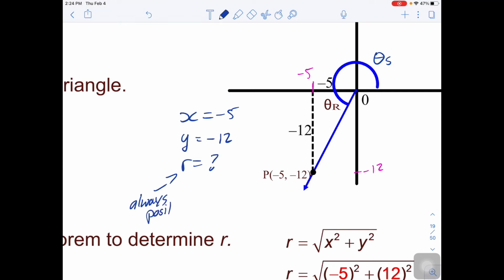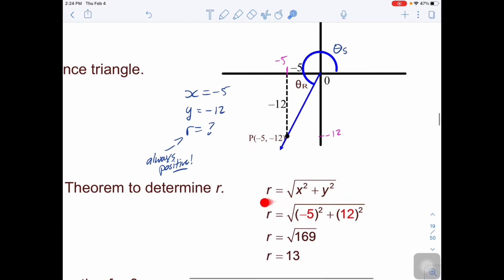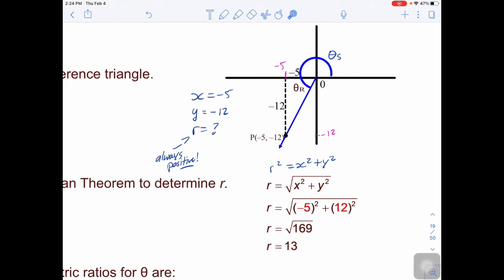And at this point, you can go forward and solve for r using the fact that r squared equals x squared plus y squared. Again, you want to just memorize this formula, okay? It's Pythagoras theorem. Recall that this is your r value here. So they went ahead and found that r equaled 13.